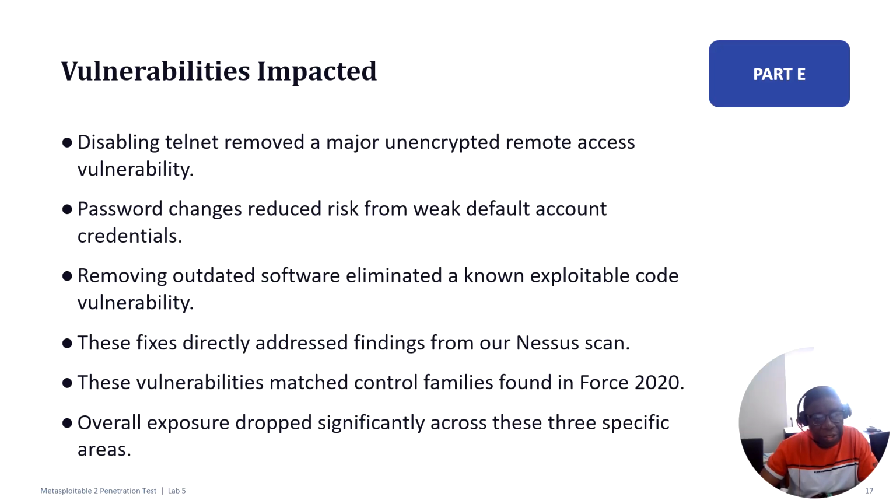All three of these changes trace directly back to findings from my vulnerability scan, and they map to several control families described in the 2020 publication. Altogether, my exposure dropped noticeably across these three specific areas.